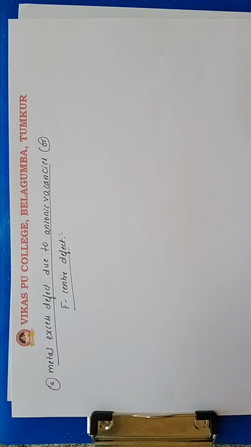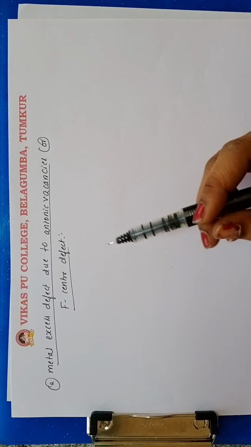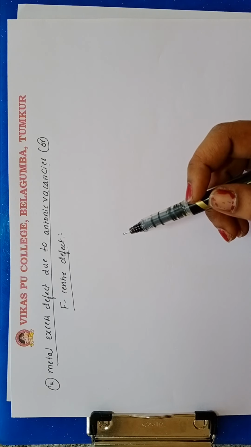In this defect, a negative ion may be missing from its lattice site, leaving behind a vacancy or hole. To maintain electrical neutrality, the hole is occupied by an electron.